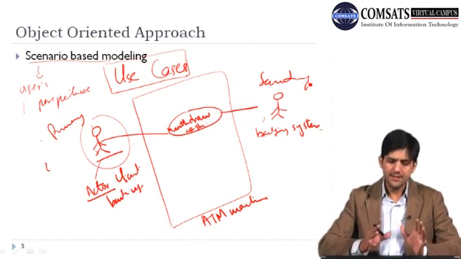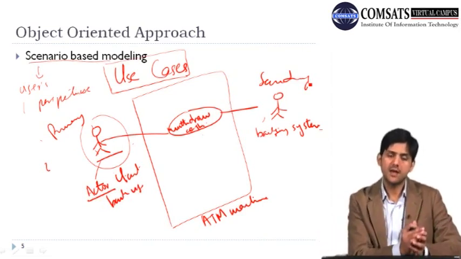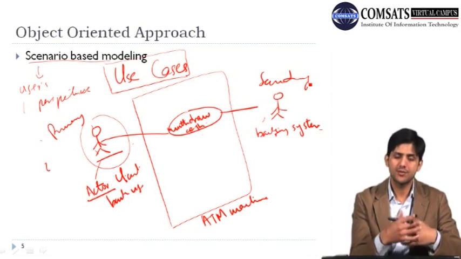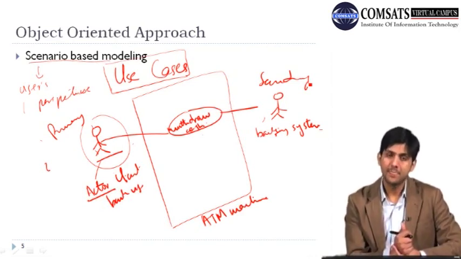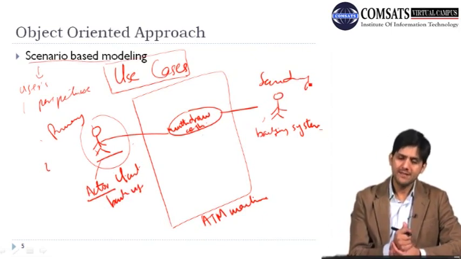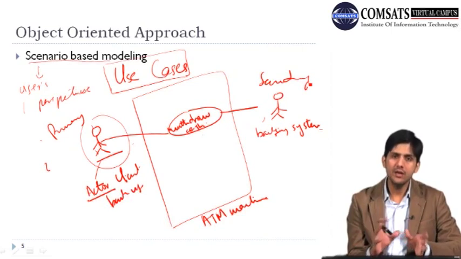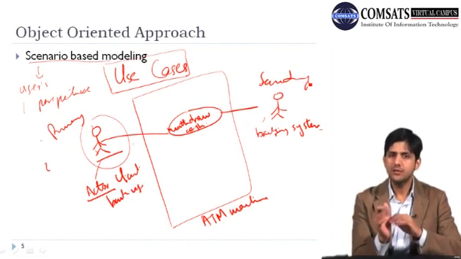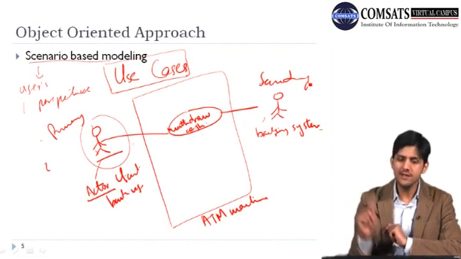We say, okay, there is an actor involved, which is the guy we identified through that written scenario, that a client is going to come to the ATM machine and try to withdraw cash. But the scenario didn't say anything about any secondary user. But we will say, okay, no, wait. When we actually try to do that, there needs to be somebody who does all these things.